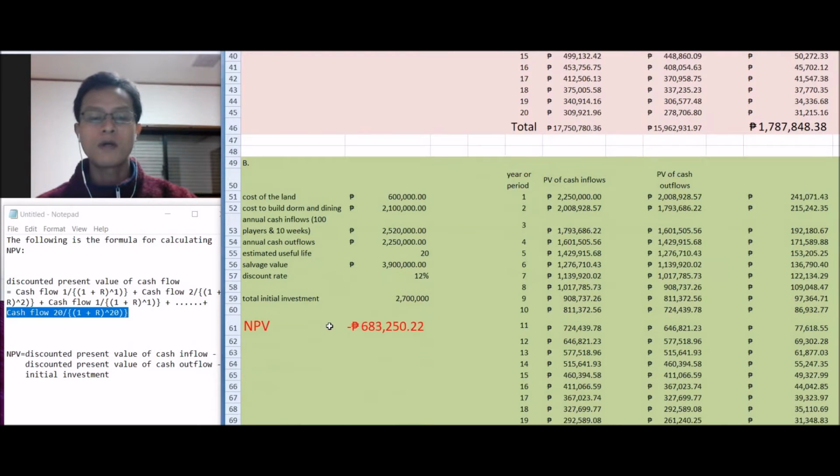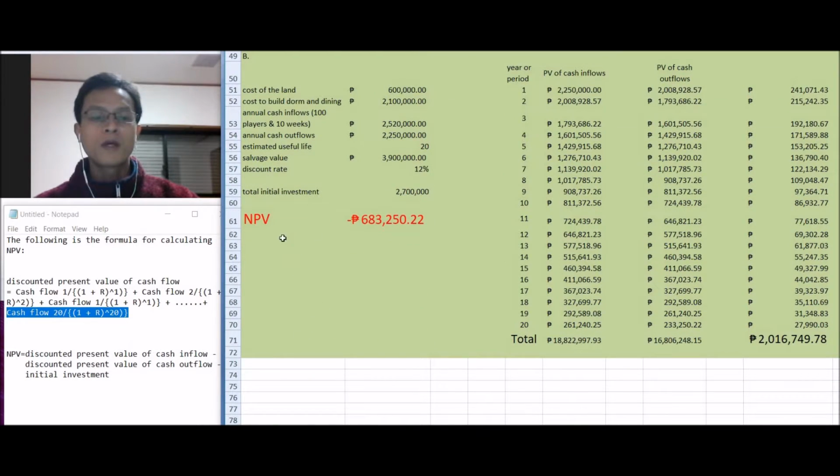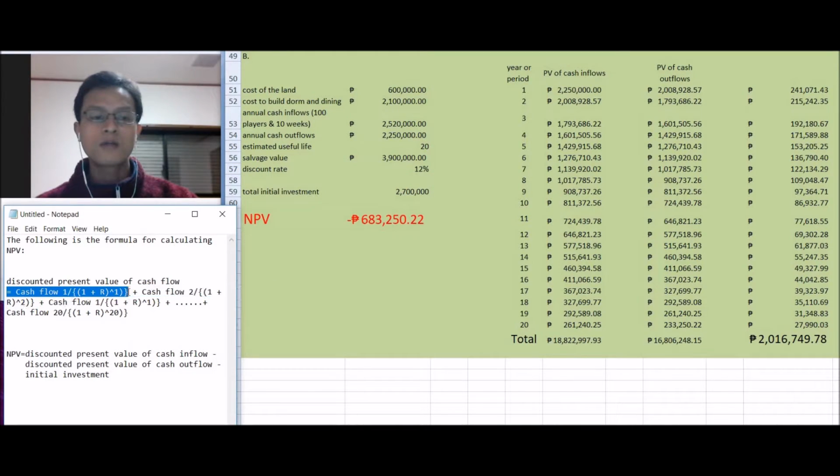Okay, so I have here the solution. The same procedure, we are going to solve for the discounted cash inflows and outflows first. So take the original amount of the cash flow divided by 1 plus the rate, which is 12%, raised to the power of whatever year you're on.